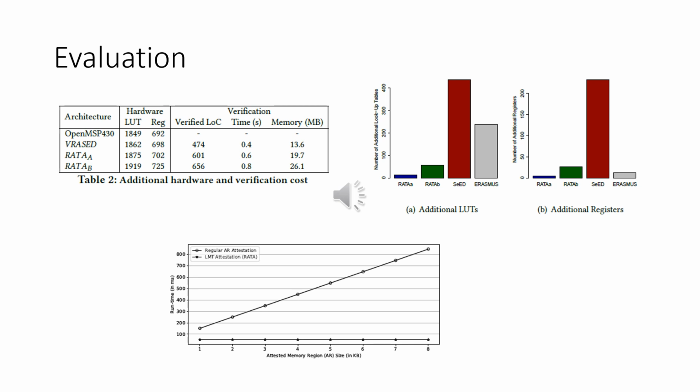Finally, when comparing both our RATA implementations to SEED and Erasmus, which are recent self-measurement RA techniques, both use fewer LUTs than self-measurement techniques, and both RATAs incur low overhead for both LUTs and registers.